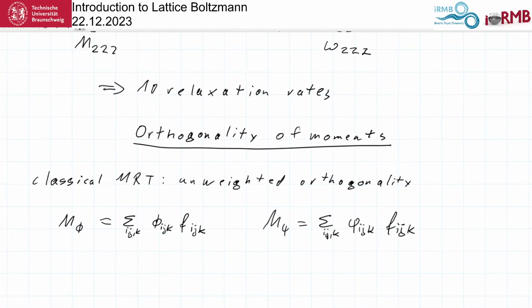And in the classical MRT, we define them as unweighted orthogonal if they have the property that the sum over ijk, phi ijk into psi ijk, if this gives 0, then we call these things orthogonal.